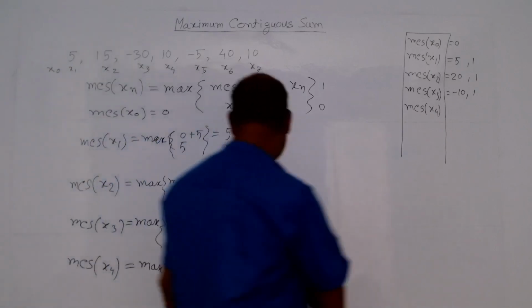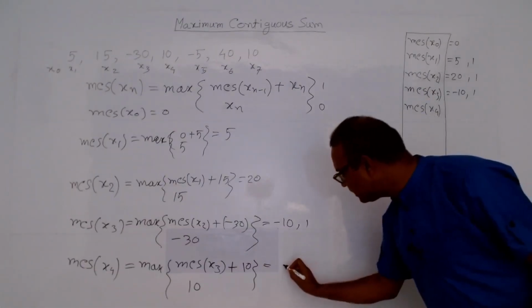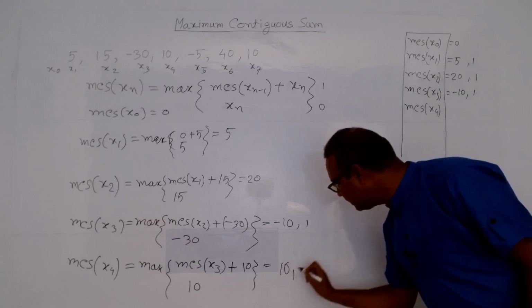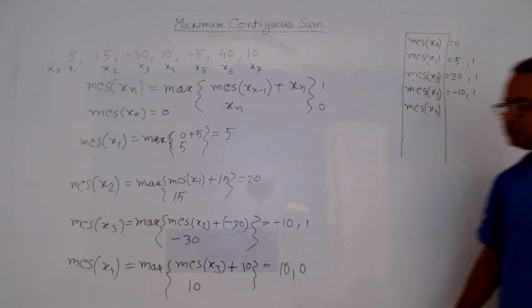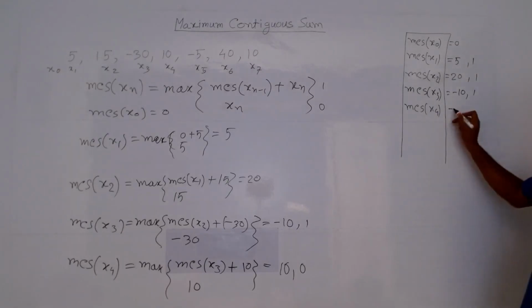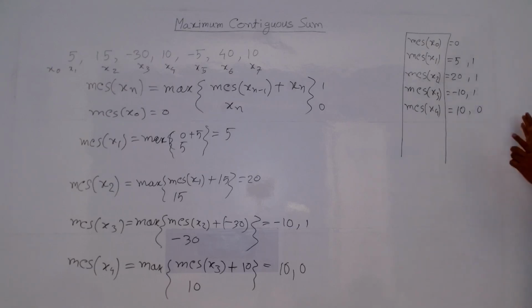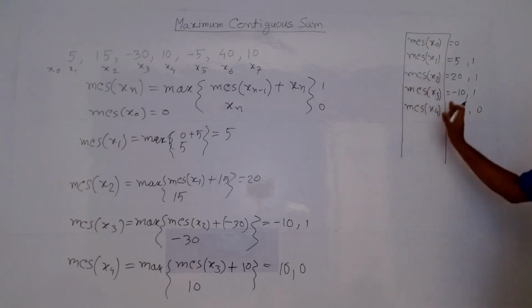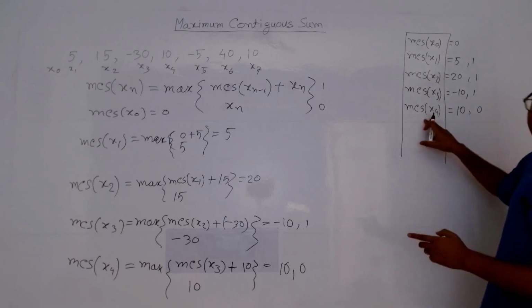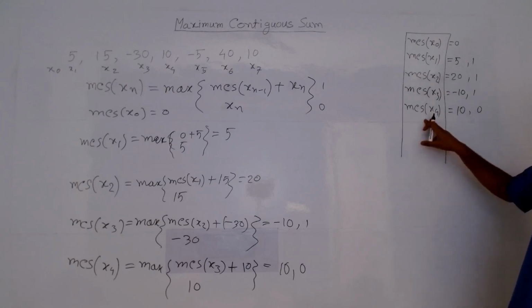Minus 10 plus 10 is 0, and 10. Which one is maximum? Maximum is 10, so we are going to write 10, and from which option? 0th option. So we have total value 10 here with 0th option. So we are not taking the previous sum here.